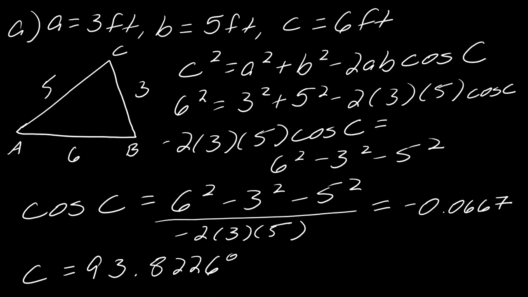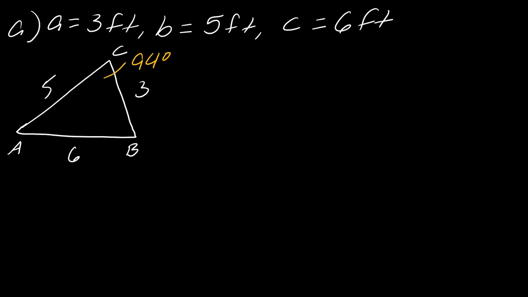Okay, so now I have angle C, and from there I can use the law of sines to figure out the rest. So let me clear some space. All right, if we're taking significant figures into consideration, I can just round this up to 94. Okay, so now we can figure out whatever's next.